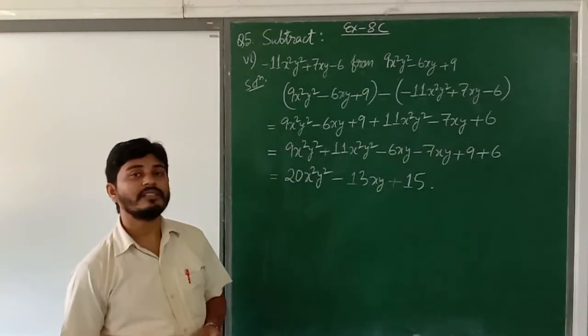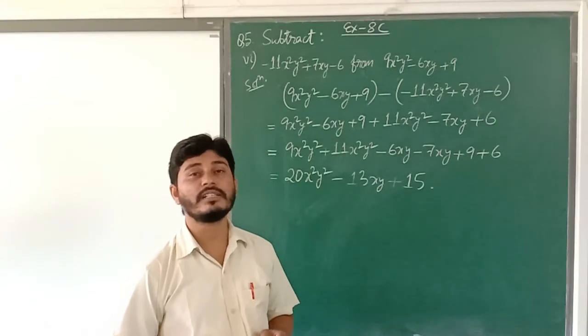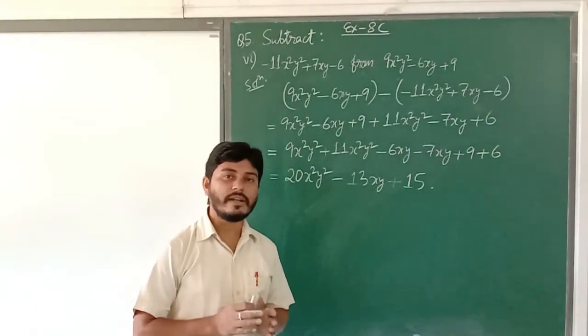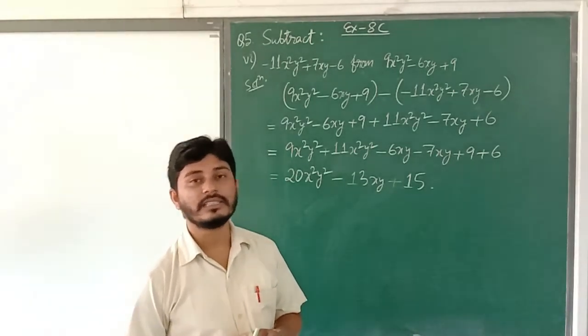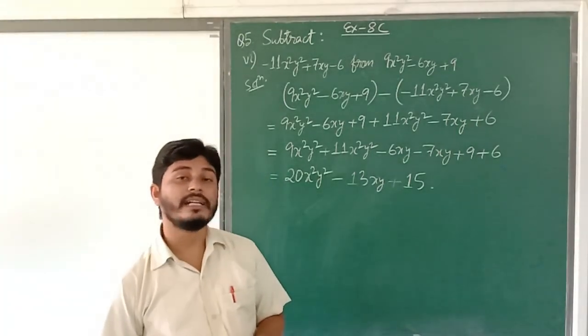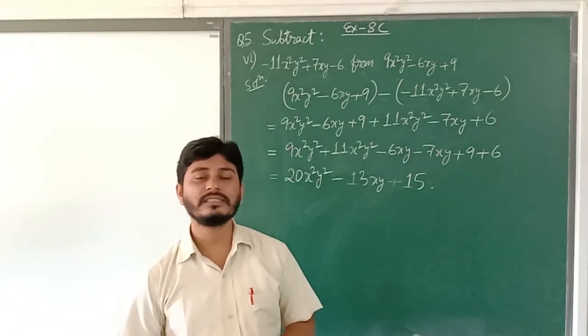So this is how we subtract two given expressions in algebraic expression, using the concept of sign operation and like and unlike terms. I hope that you have understood how to add and subtract from my last two classes.